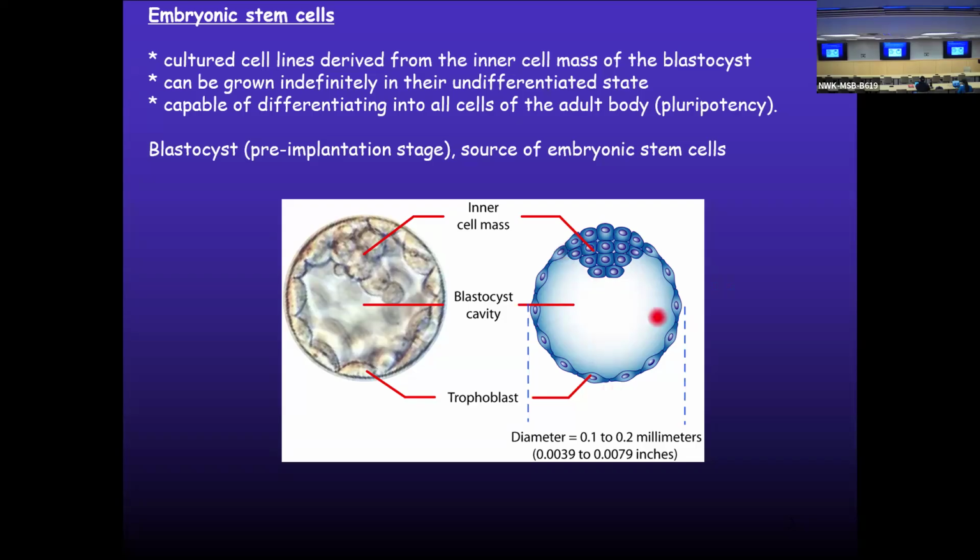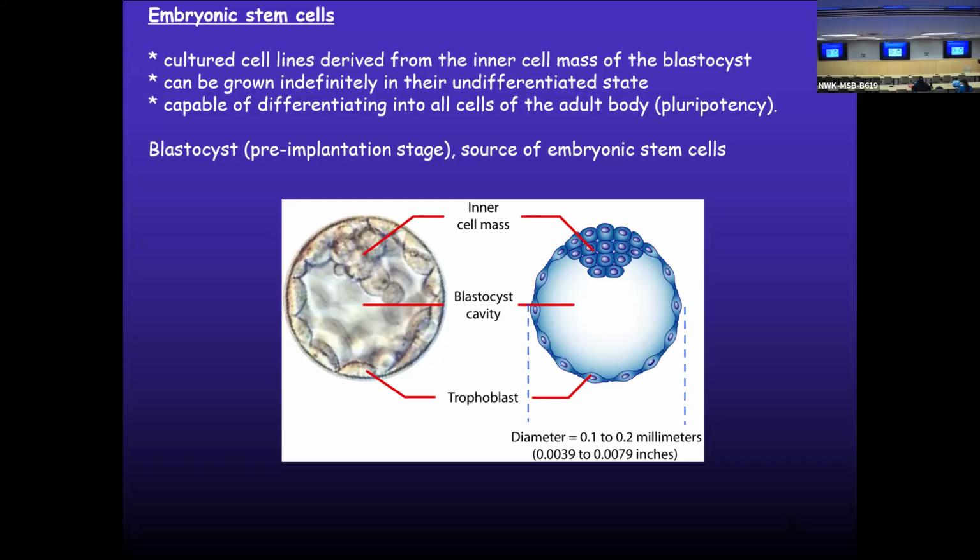And since this embryonic stage is pluripotent, we can have embryonic stem cells that are pluripotent, okay? What does pluripotent mean here? It means that we can make potentially every cell type of an embryo or of an individual.